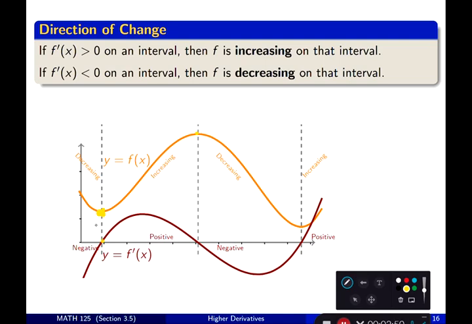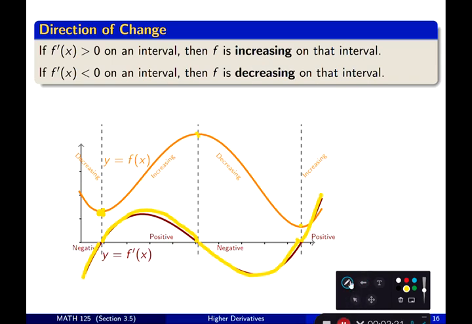F prime of x is supposed to be above the x-axis for that part, and then between these 2 points it's decreasing. F prime of x goes below the x-axis for that part, and then after that again it's increasing, it goes above. When it was decreasing down here, it was below. So that's the relationship: f prime goes above or below the x-axis when f is increasing or decreasing.